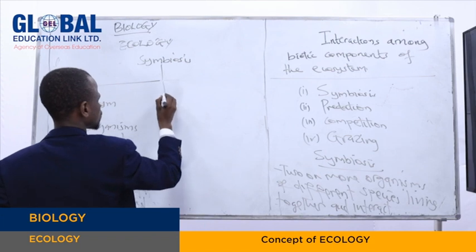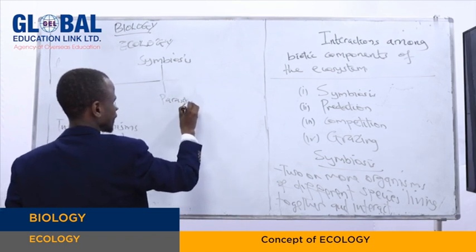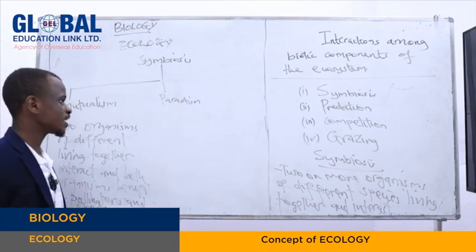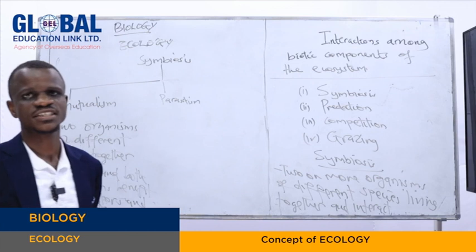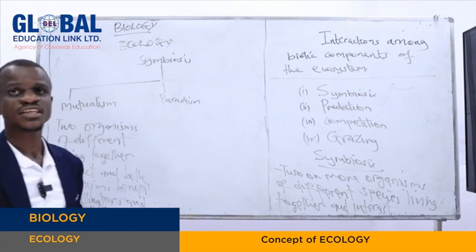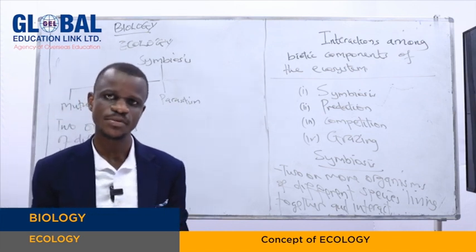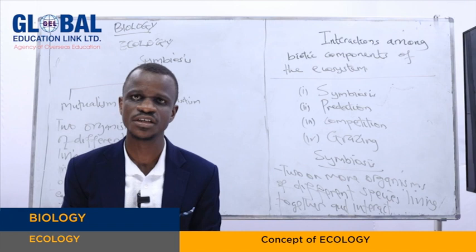My student, also parasitism. Here is the interaction between an organism called parasite and another organism called host. But here only the parasite benefits from the interaction, while the host is harmed.